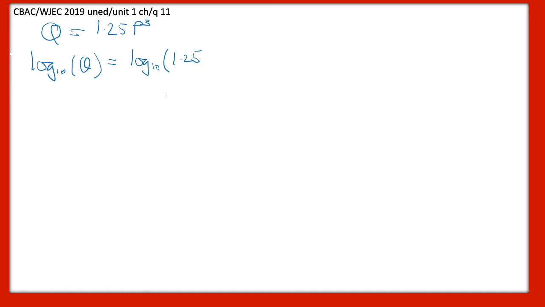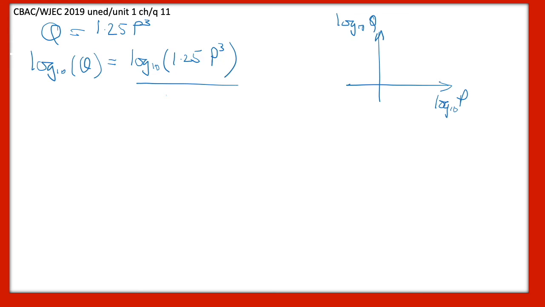We can just go, right, this is 1.25 p cubed. Now, what I'm looking to do, remember, is to end up with a log q against a log p. So all I need to do is unpack this side here, because I've got my log to the base 10 of q.